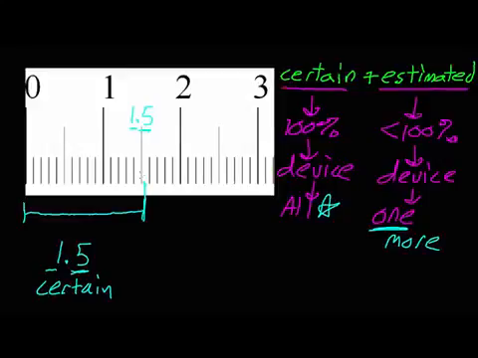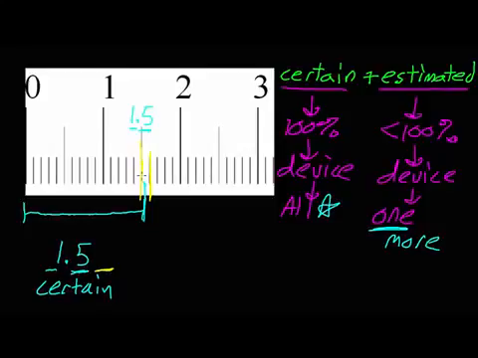What that means is that this line is clearly beyond 1.5, but it's also clearly not up to 1.6, right? It's clearly in between these two yellow bars, past 1.5, but not up to 1.6. That would be the next digit in my number. So that's the digit I want to estimate.